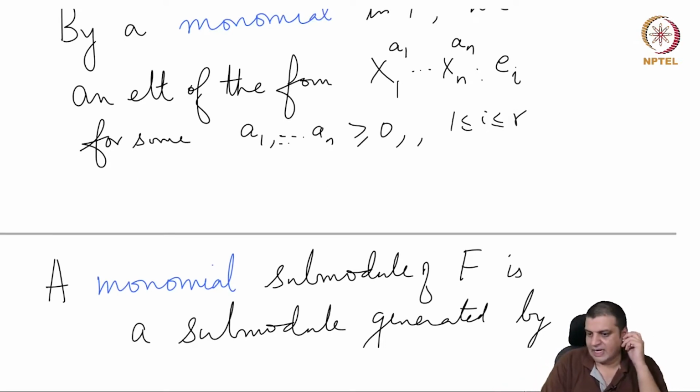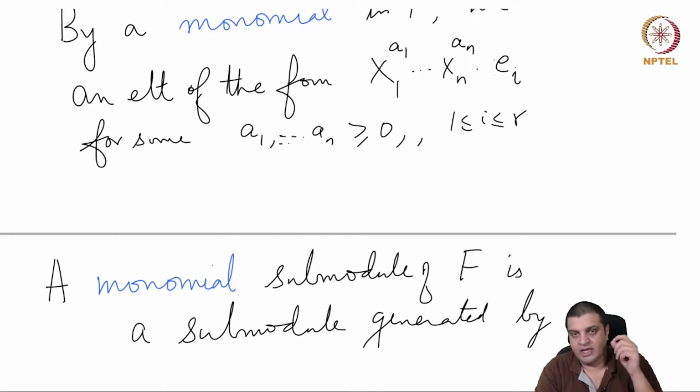Let's collect all the generators with a fixed e_i. If you multiply them by elements of R, we would get all R-linear combinations of these monomials. In other words, we will get a monomial ideal.